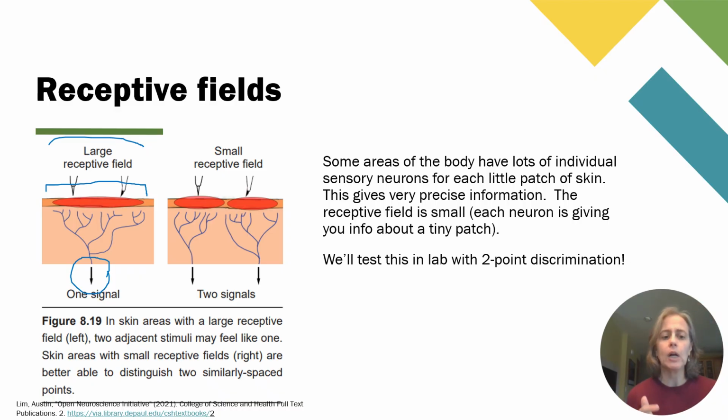So therefore, when that signal arrives, it travels through my spinal cord and up to the brain. I don't necessarily know if it came from this part of the receptive field or this part or this part. And what they're showing you here, which I've kind of obscured, is this example of touching somebody with 2 different things at the same time.